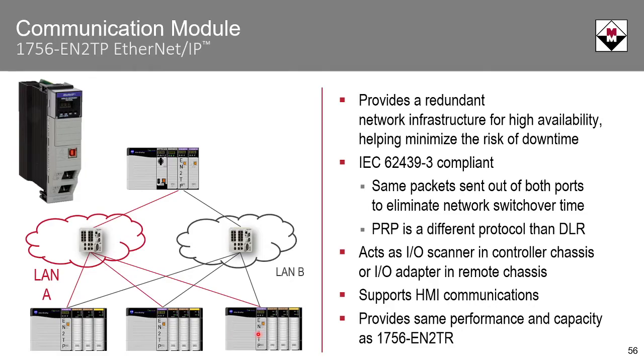The DANs attach to both LANs. The switches do not have to be PRP aware, but the switch must support 1506 byte frames. And in this example, the switch that we are showing is the Stratix 5700.